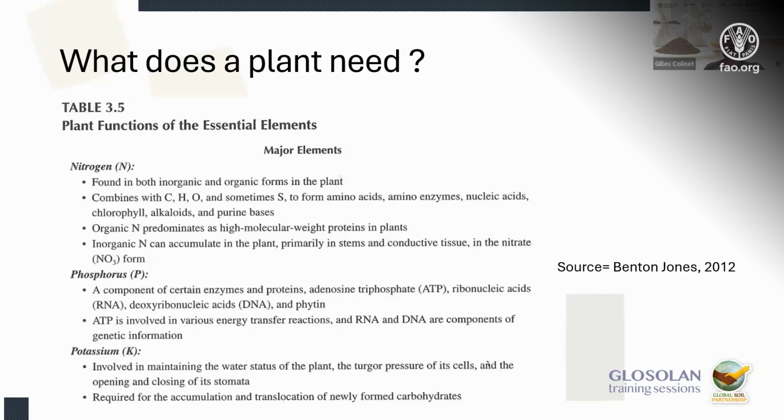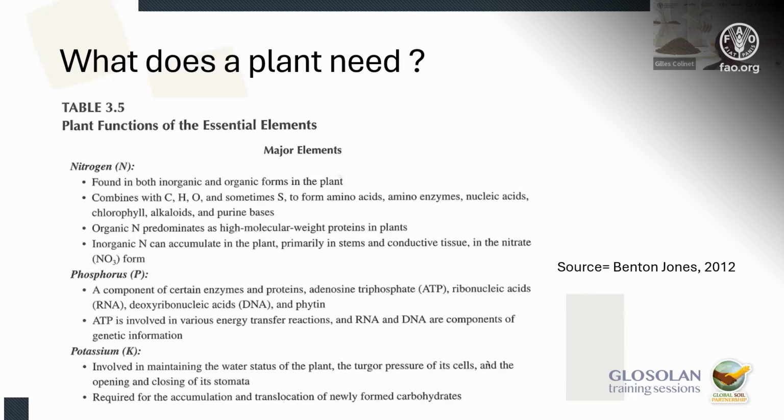You will find it in the adenosine triphosphate molecules, which are really important for energy transfers in the various processes of element uptake, the active uptake by the cells. Also, of course, in RNA and DNA and other molecules such as phytin.